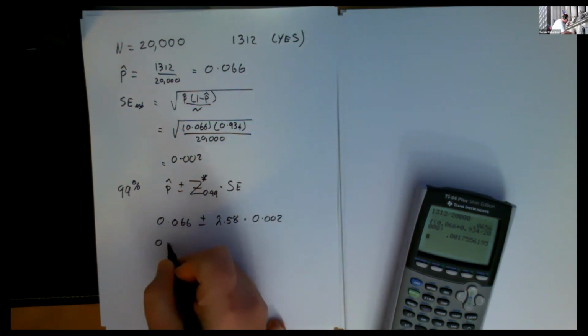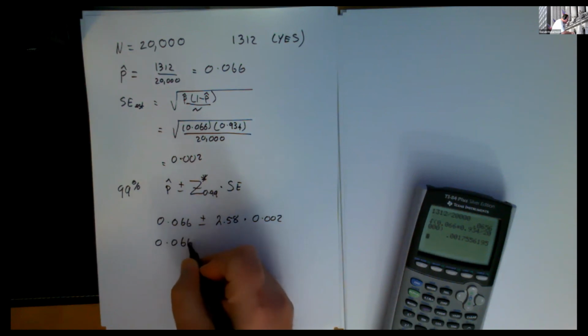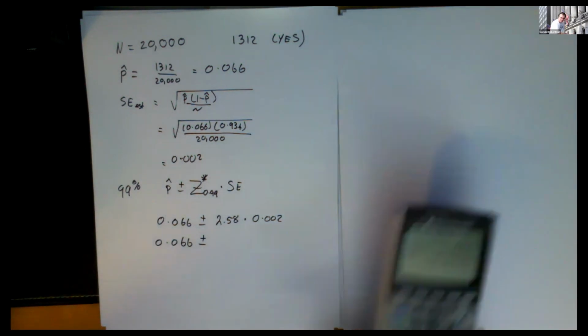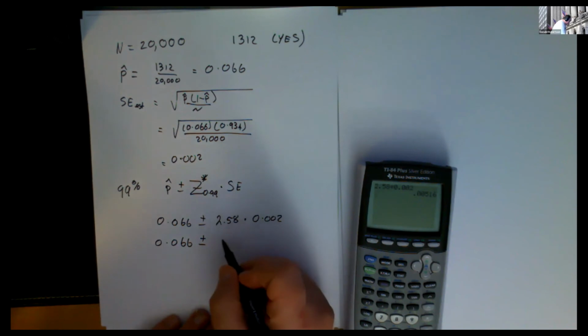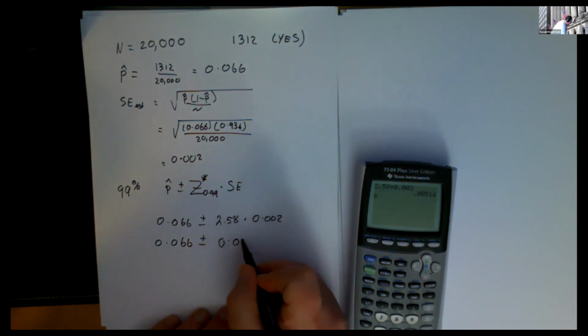So that's going to be 0.066, give or take. Well, actually, let's use this space. If you go 2.58 multiplied by 0.002, you get, give or take, 0.005.